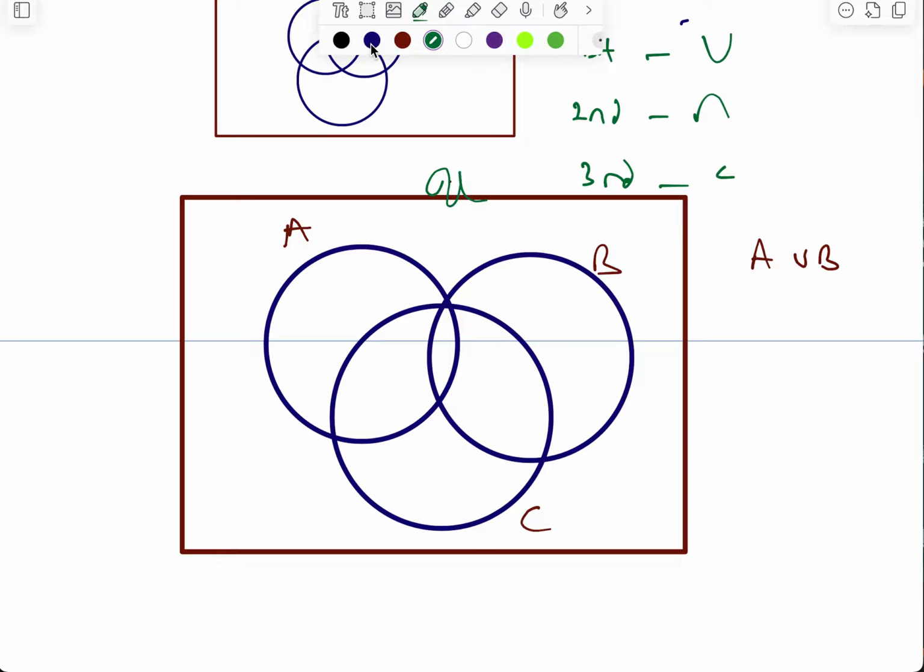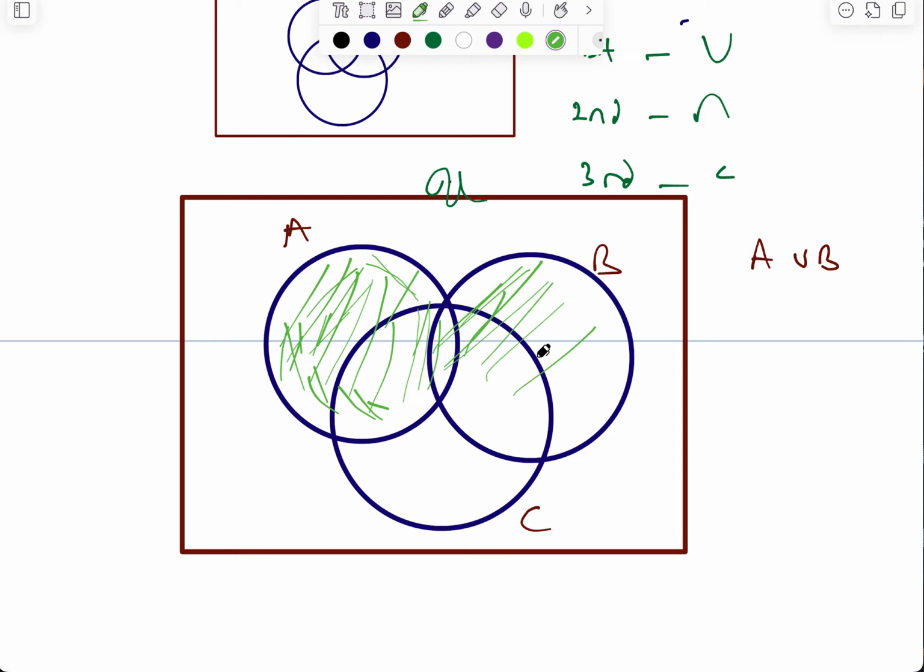Now, to shade union, I go to A, and wherever the reach of A is, I highlight everything inside A. But it says A union B, so I go to B, and everything that B has, I highlight as well. With this, I've been able to do A union B.